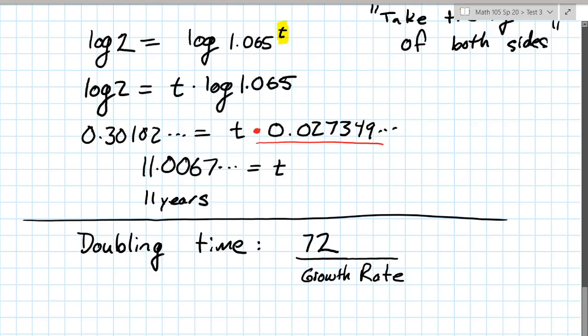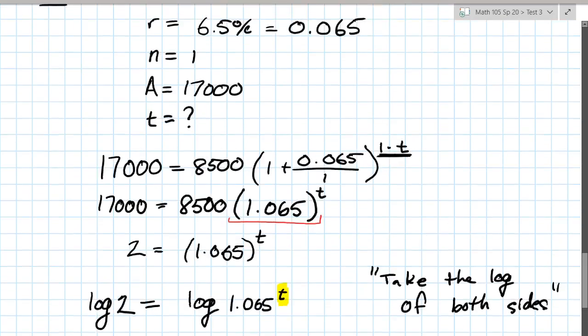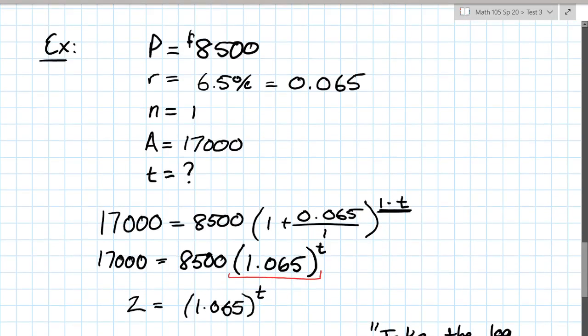And that'll give us an approximate doubling time. So in this last problem, our growth rate was 6.5%.